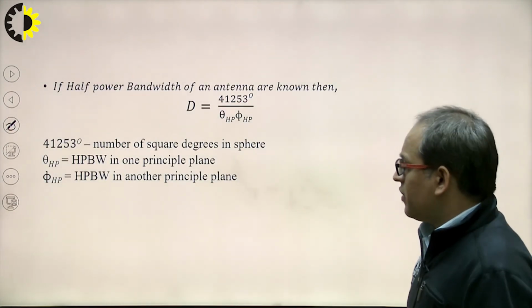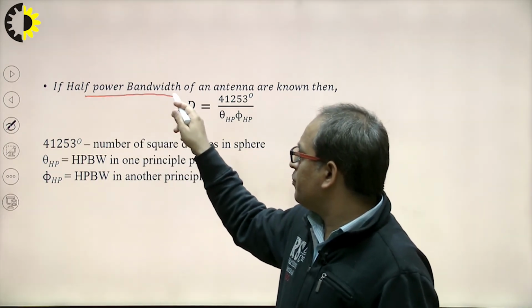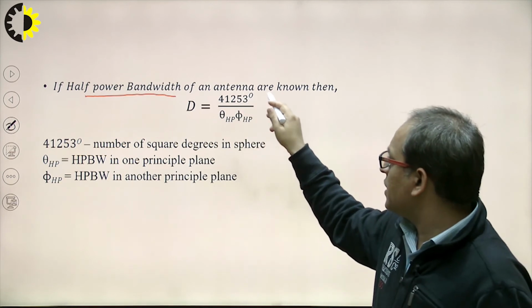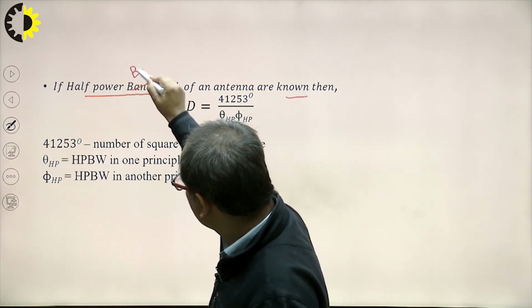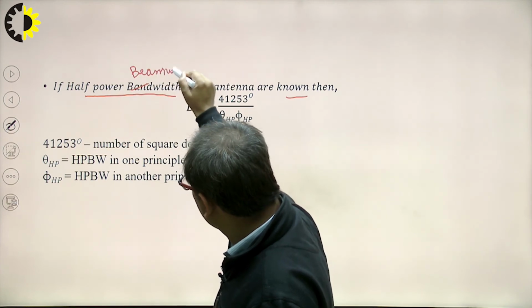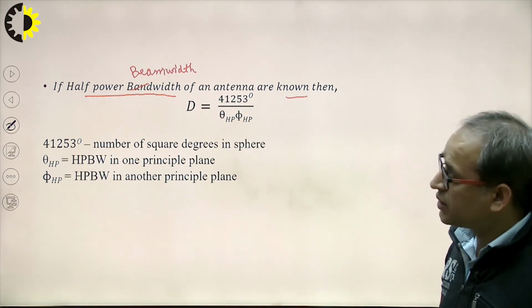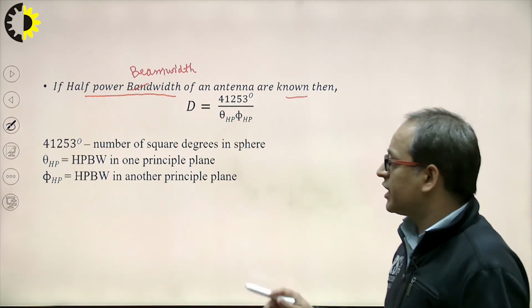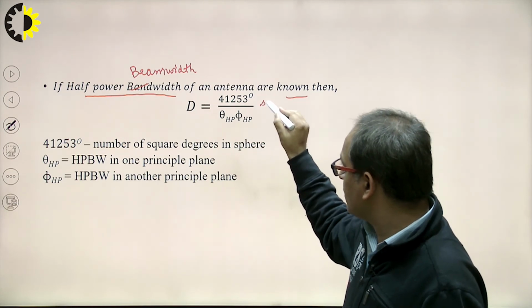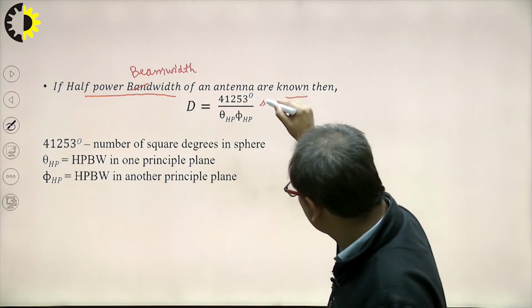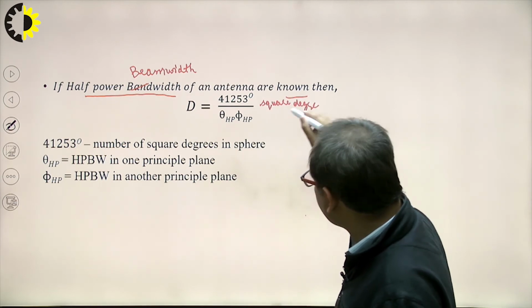Now if the half power beam width of an antenna is known, its beam width, then we can also find out the directivity, that is equal to 41253 square degrees divided by what?